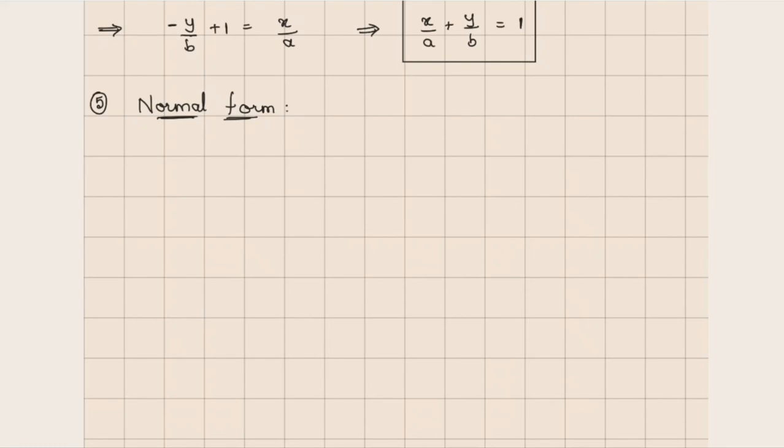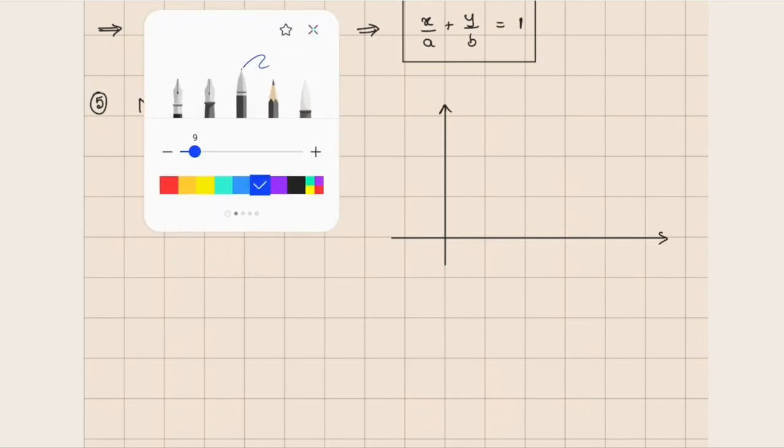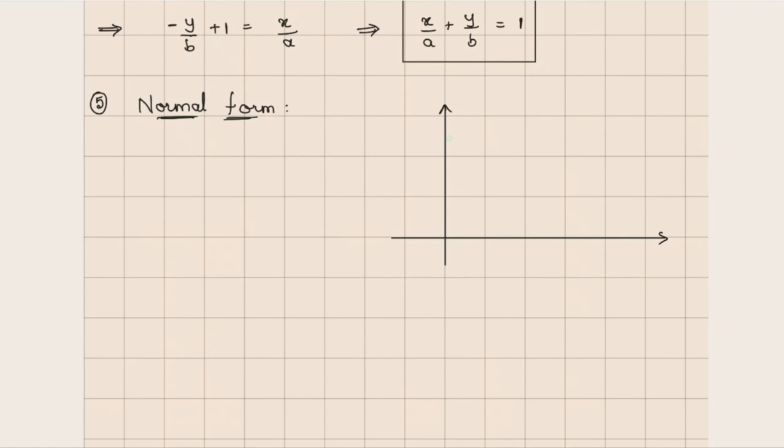Okay, what it says is, suppose the conditions are, let's say this is the x and y axis and there is a line L. The first condition is, we know this is the origin, this is the line L. We know the length of the perpendicular from the origin to the line.